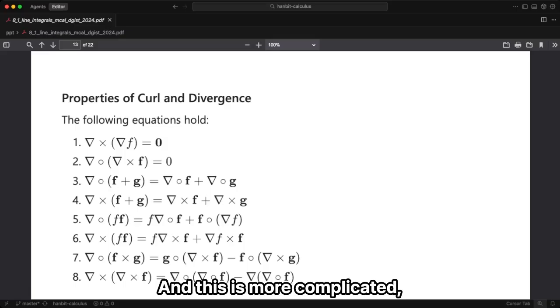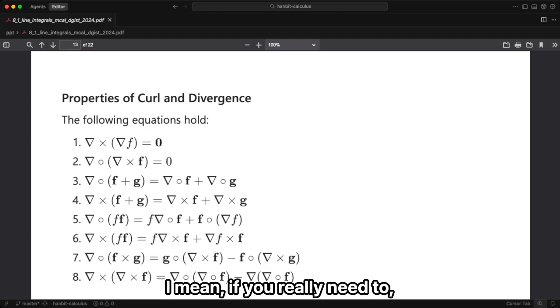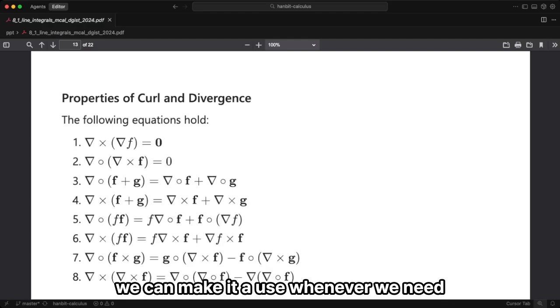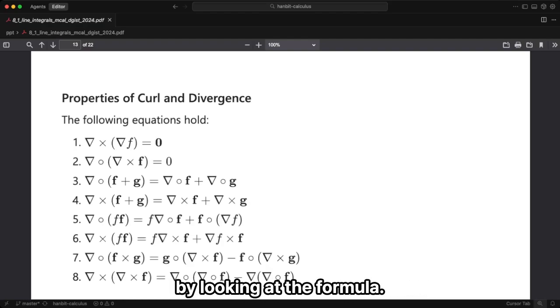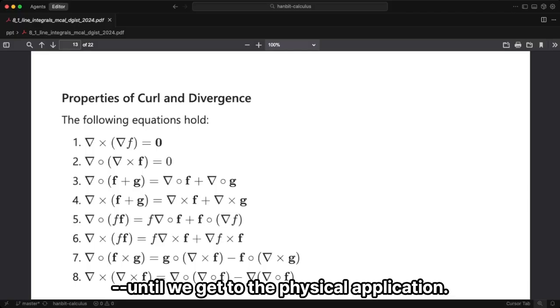And this is more complicated, but you can give it a direct meaning geometrically, though it's not clear. I mean, it's not simple. So the fifth to eighth, you don't have to memorize. If you really need to, we can use them whenever we need by looking at the formula. We're not going to use these last four formulas until we get to the physical application.